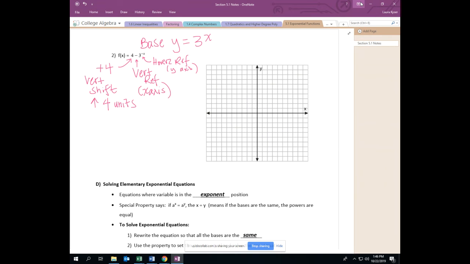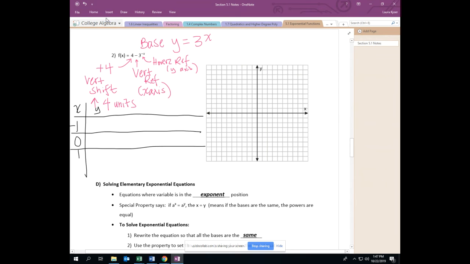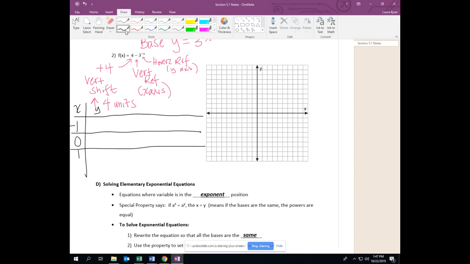So I am going to use -1, 0, and 1, and then we'll see if that's enough to give us a good idea. Maybe we'll add something else in here just to get a better idea. -1, 0, 1.